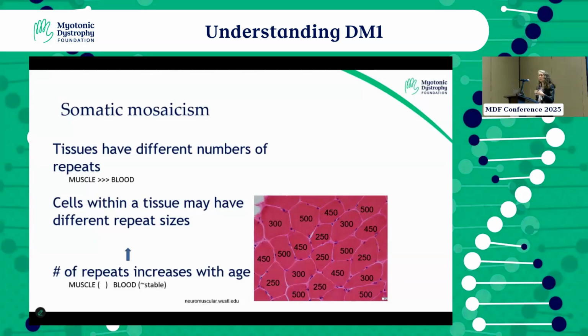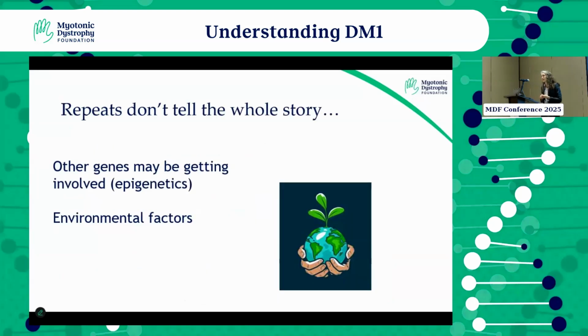So these are some things that probably have an impact on why we see so much variability from person to person with DM1. But another thing to add to that is maybe repeats don't tell the whole story. Like we saw in that one diagram with so much overlap between the age of onset.